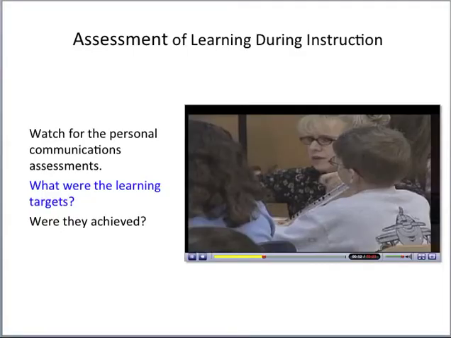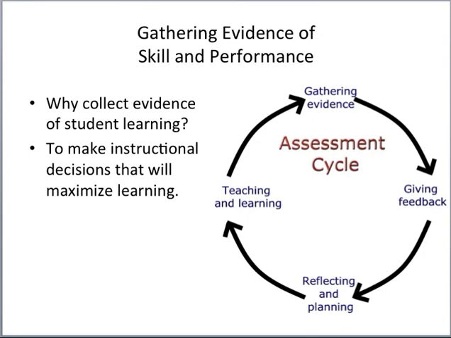So what we've seen here is an example of a teacher just simply giving feedback, assessing on the fly, and giving additional instruction for how to bring this project home at the level that she had established as the criteria for success. So we end where we began.